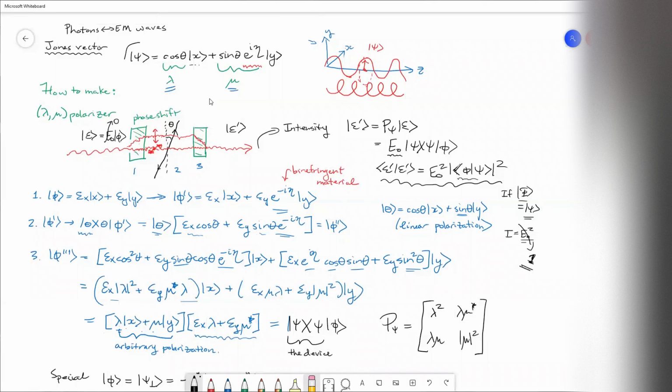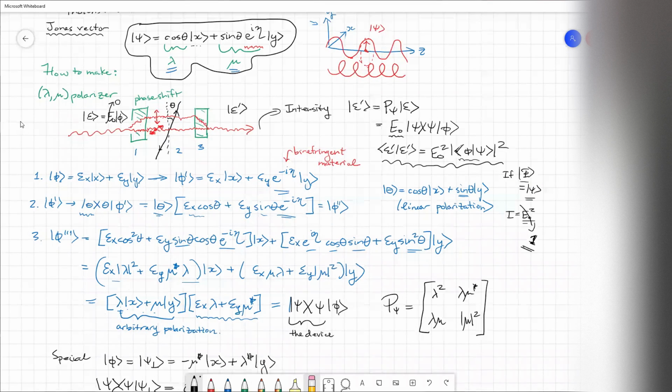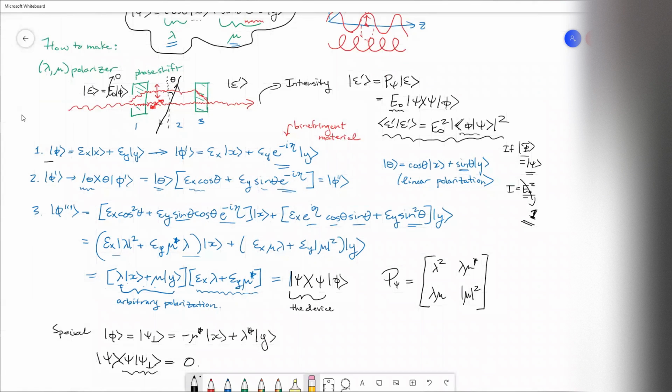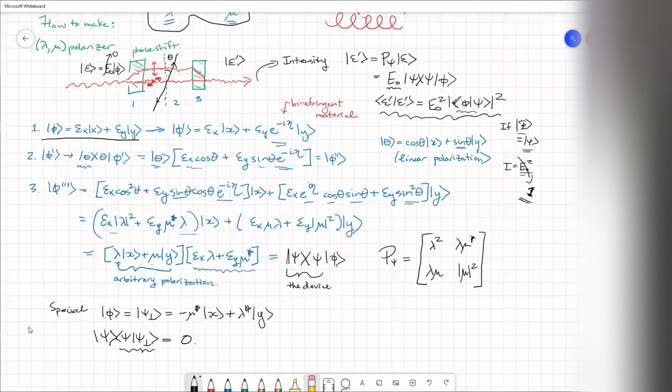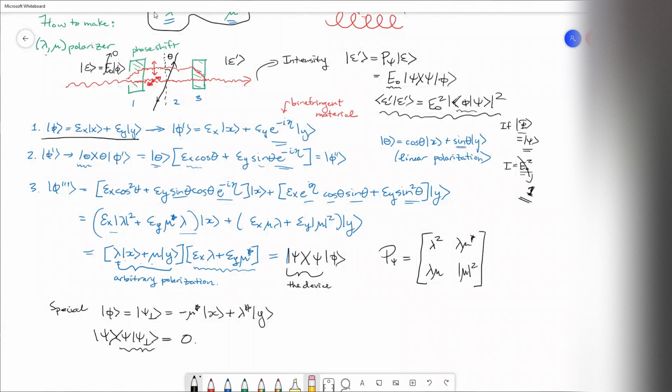So again, you have this Jones vector, and if you initially start your phi in a direction perpendicular to that direction, then of course nothing comes out of this lambda mu polarizer. You just get 0.